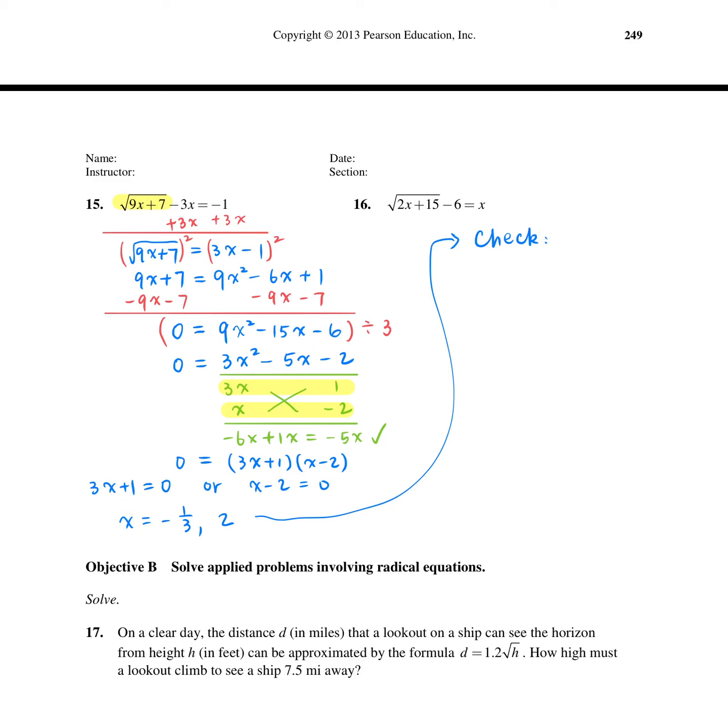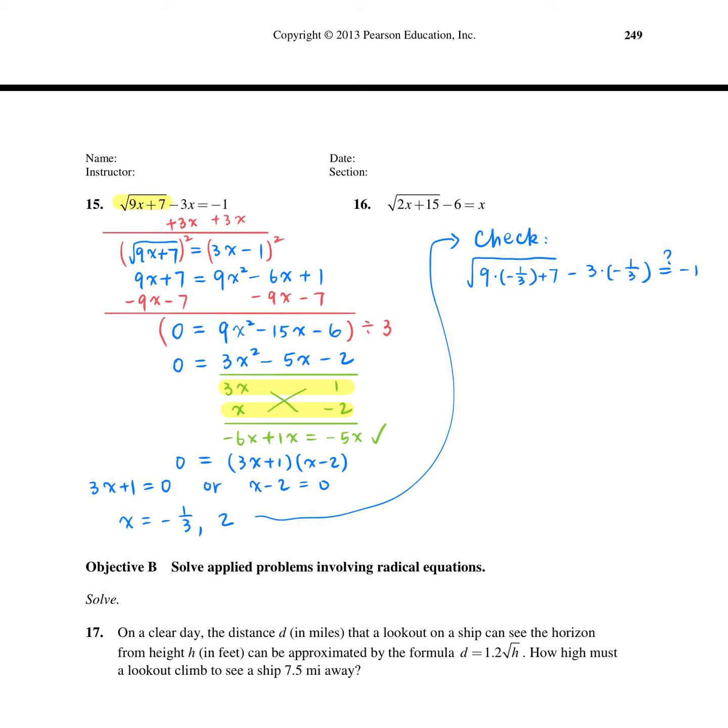Let's check the first one. Radical 9 times our x, which is negative 1/3, plus 7 minus 3x, so 3 times negative 1/3. That's the left hand side. Is this equal to negative 1? Let's calculate this.